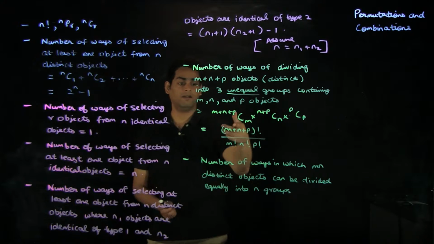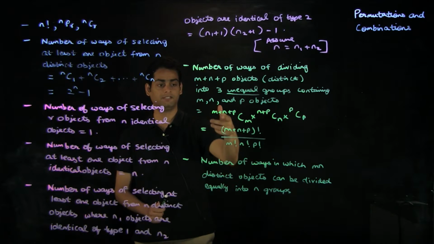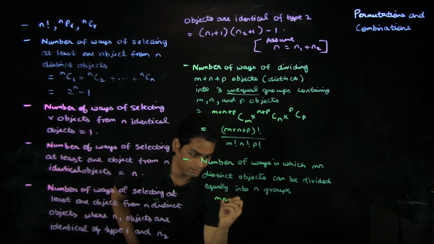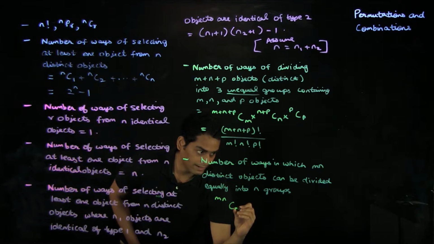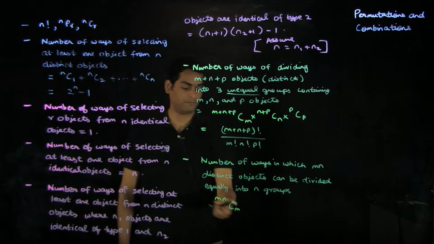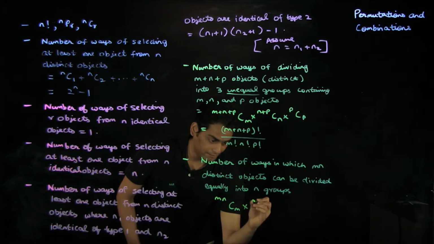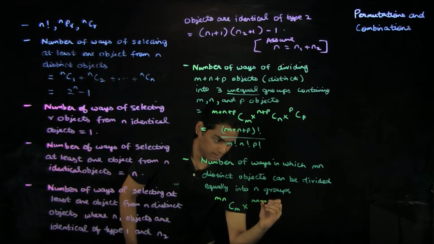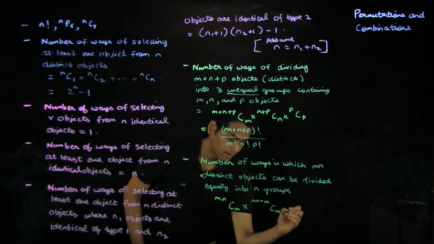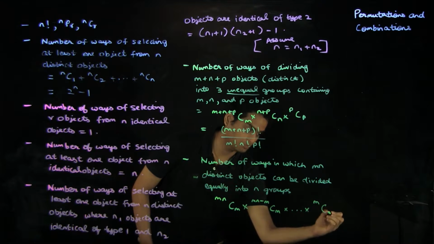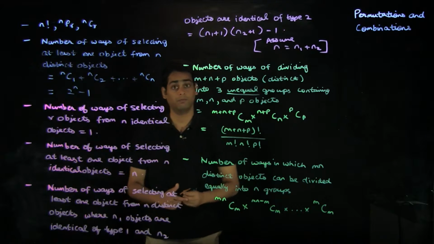In a manner similar to our previous result, we can derive this as mn C m, where you first choose m objects from mn objects to put in the first group, and then you multiply that by (mn minus m) C m, and so on, till finally you only have m objects and you choose those m to put in the last group.